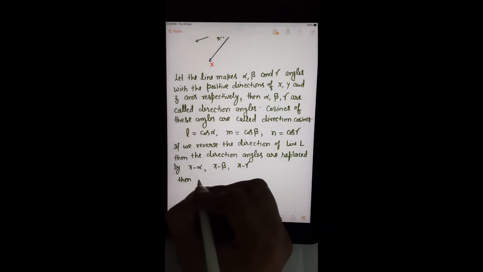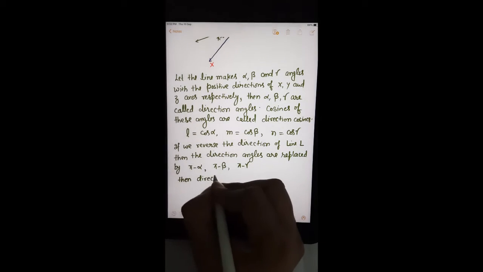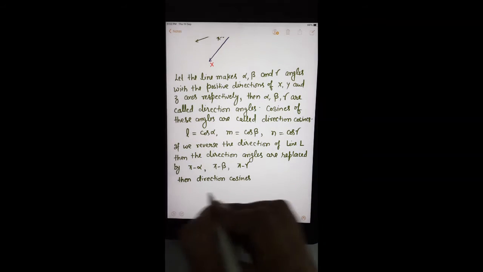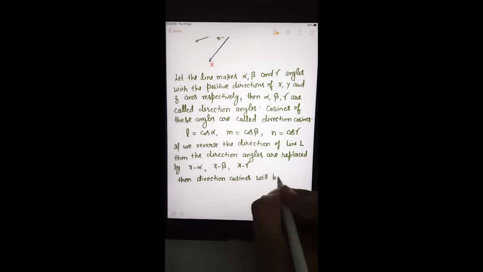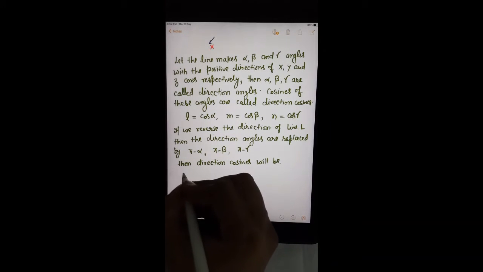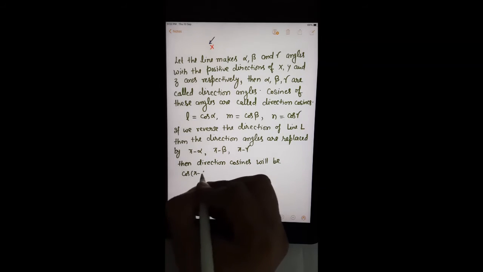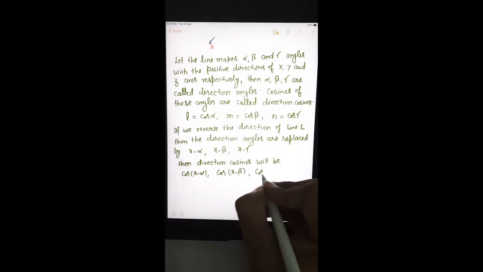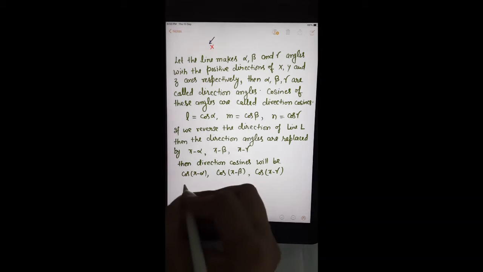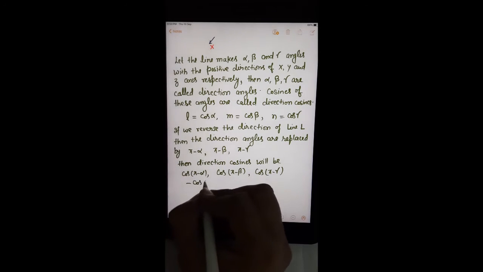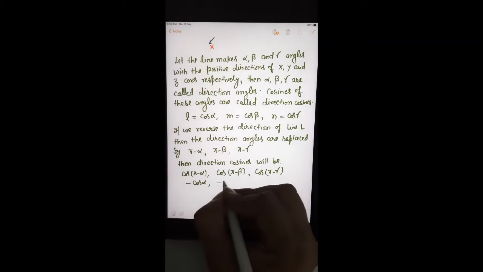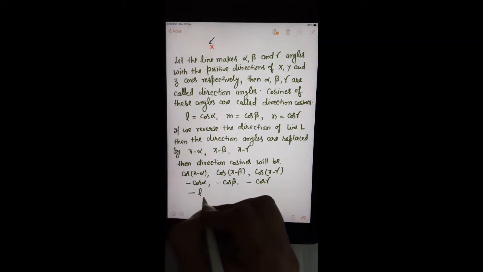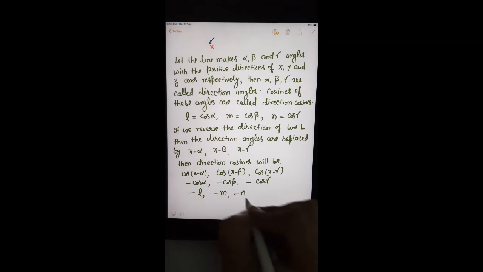Then direction cosines will be cos of pi minus alpha, cos of pi minus beta, and cos of pi minus gamma, and it will give minus cos alpha, minus cos beta, and minus cos gamma, or we can say minus l, minus m, and minus n.